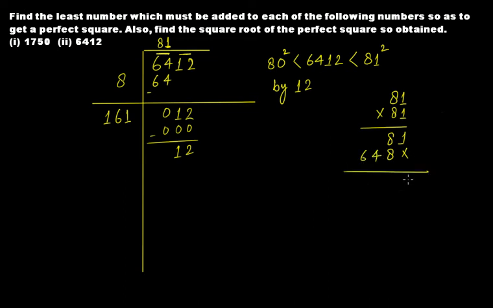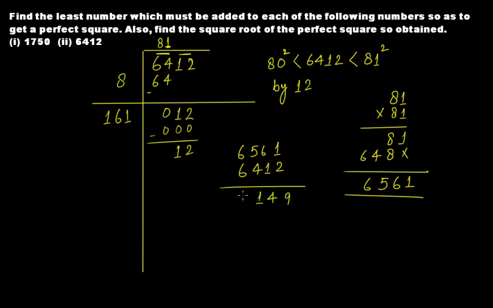So you get 1 here, you get 16 and 5 and 6561. It means that if you find the difference between these two, you get 9, 5 minus 1 is 4, 1. So you get 149.